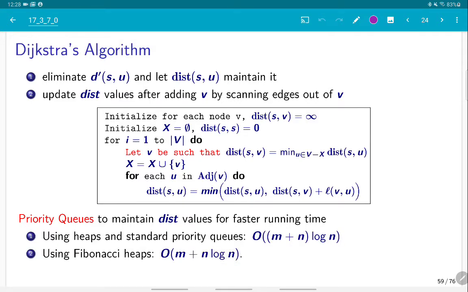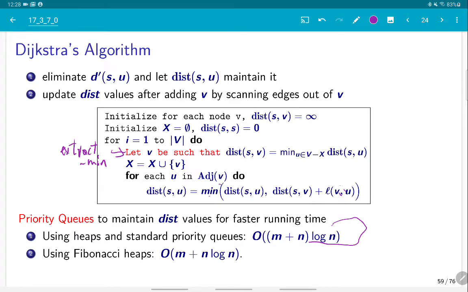Okay, so if we use regular queues, or a regular heap, then every operation costs log n time. How many operations do we need to do? Well, we need to extract the min here. This is extract min, right? And here we update distances, right?